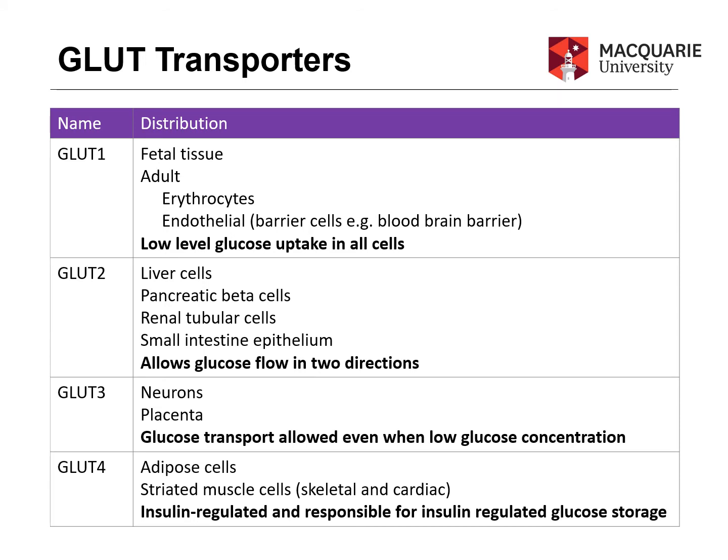The GLUT2 receptors are very important. They're found on liver cells, pancreatic beta cells, and some other cells listed here. Now the important thing about GLUT2 transporters is that they allow the transport of glucose in both directions. So they take glucose into the cell, but they also put glucose from inside the cell back out into the bloodstream.